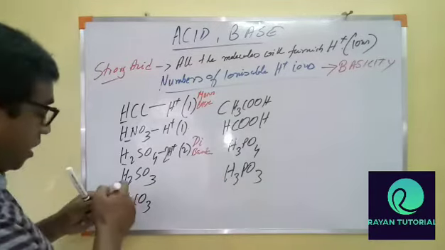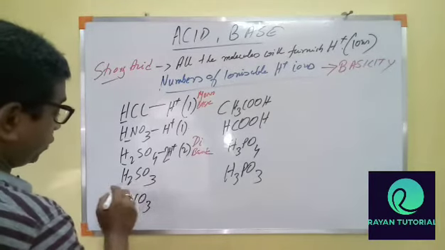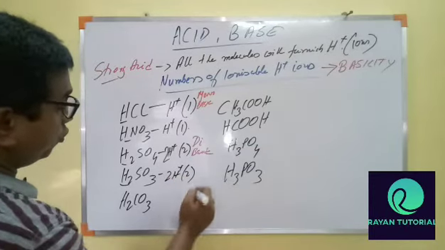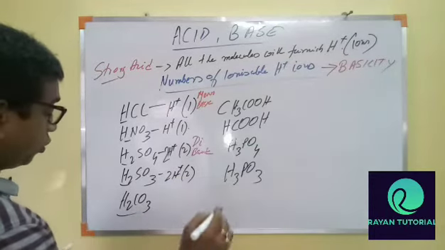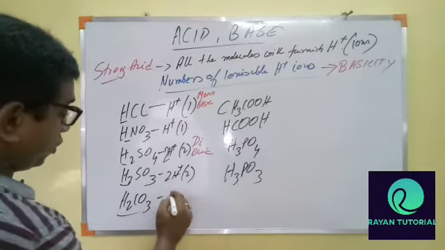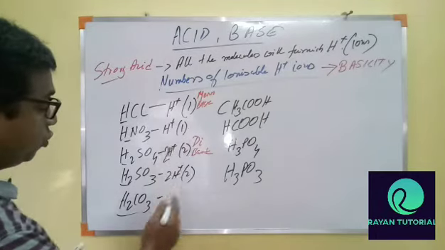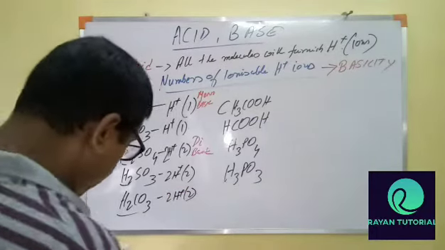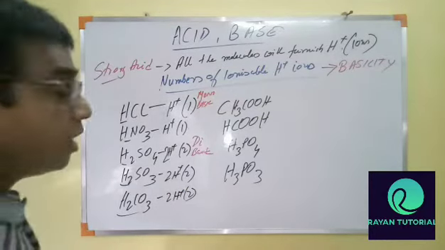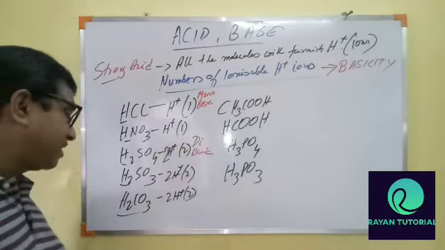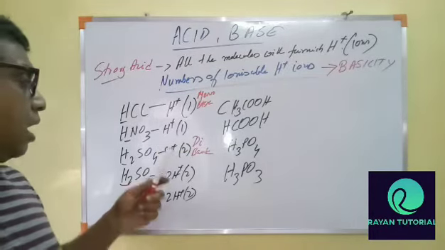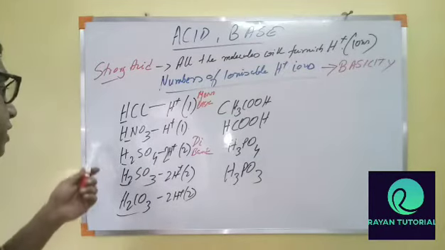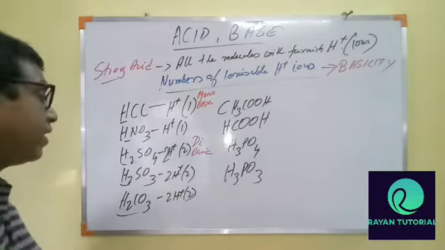H2SO3 is also dibasic. H2CO3 is also dibasic. Clear? So monobasic, dibasic, sometimes you will get tribasic also. This is the basicity of an acid.